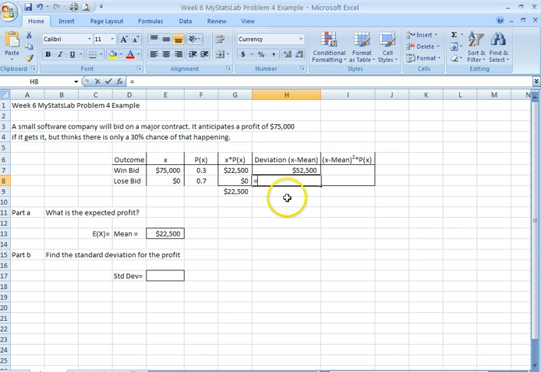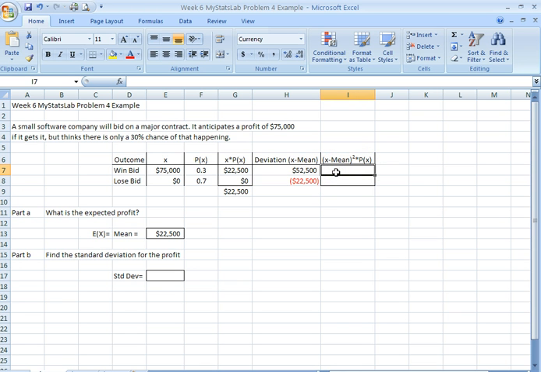Same thing here, equals x minus the mean. Enter it there. So from here we need to find the square of these numbers and then multiply that by the probability. So x minus the mean squared times the probability of x.